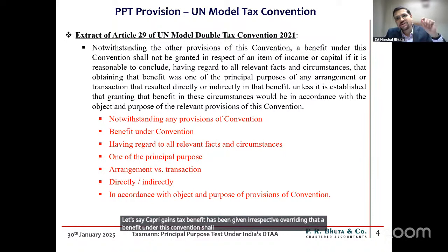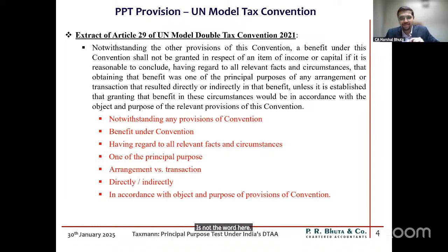So that particular capital gains article benefit will not be granted if it is reasonable to conclude. Mind this phrase, 'reasonable to conclude'. 'Conclusively' is not the word here. If it is reasonable, there should be a reason to conclude that.